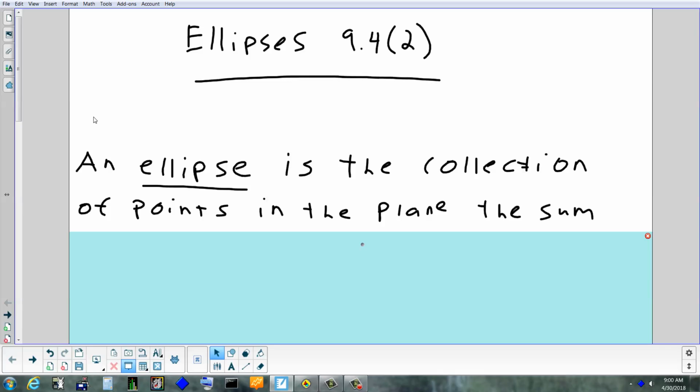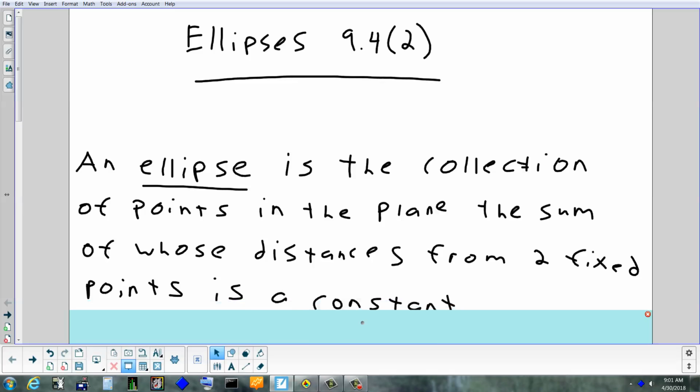A parabola was a collection of points in the plane that are equidistant from a fixed point called the focus and a fixed line called the directrix. So a little more complicated. This one is a little different too. It's a collection of points in the plane such that the sum of the distance to two fixed points is a constant.